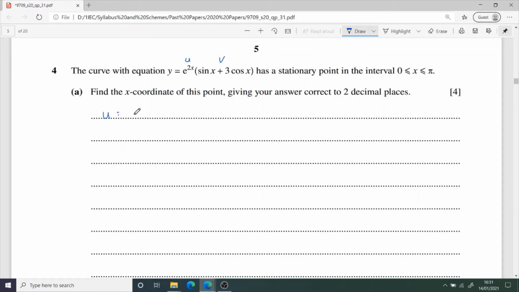So u is equal to e to the 2x, and v is equal to sine x plus 3 cos x. So our du by dx is 2e to the 2x, and our dv by dx is equal to cos x minus 3 sine x. And our product rule says dy by dx is equal to u dv by dx plus v du by dx.